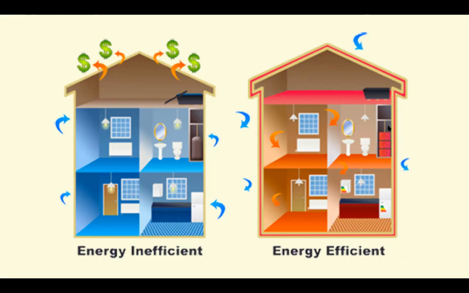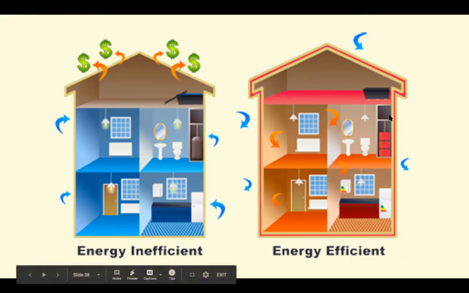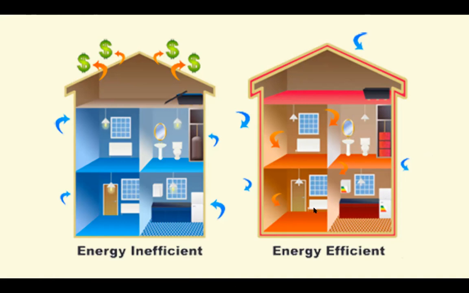If I have an energy efficient home and things are well insulated and nothing is able to leave and nothing is able to come in, I can keep the temperature of my house at a certain level and I will not lose the heat. So I won't constantly be turning it up or keeping it on to compensate for cold air coming in because look, the cold air is not coming in.